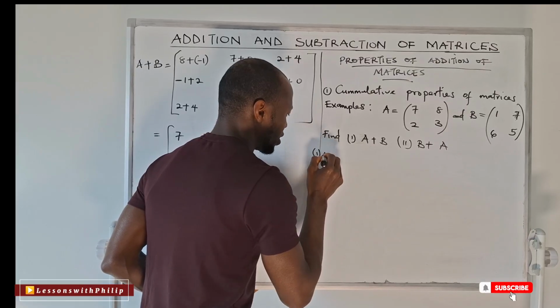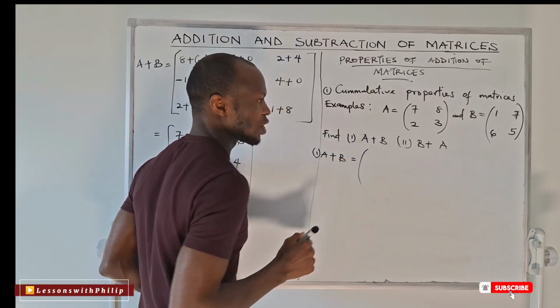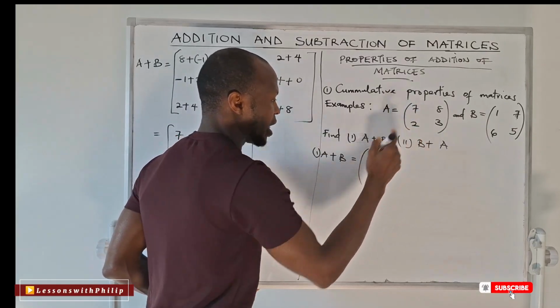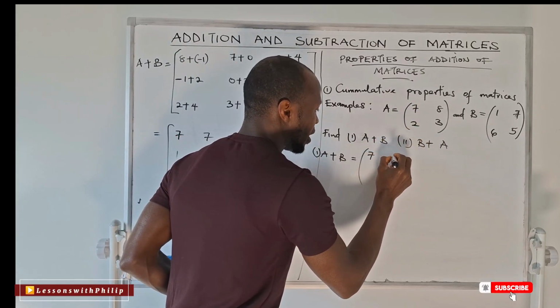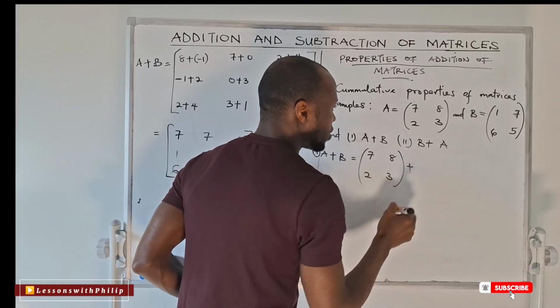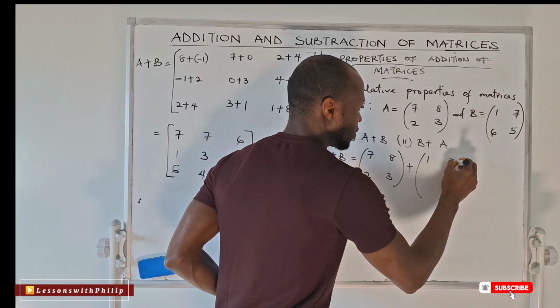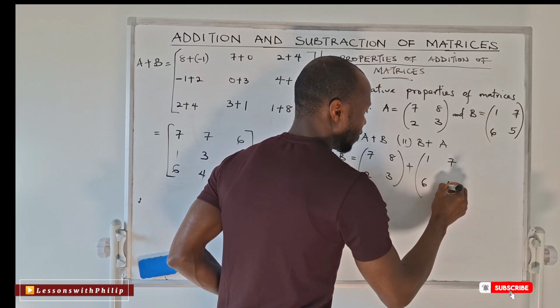For Roman figure 1, we have to find matrix A plus matrix B. Your matrix A is 7, 8, 2, 3. Plus, your matrix B is 1, 7, 6, 5.